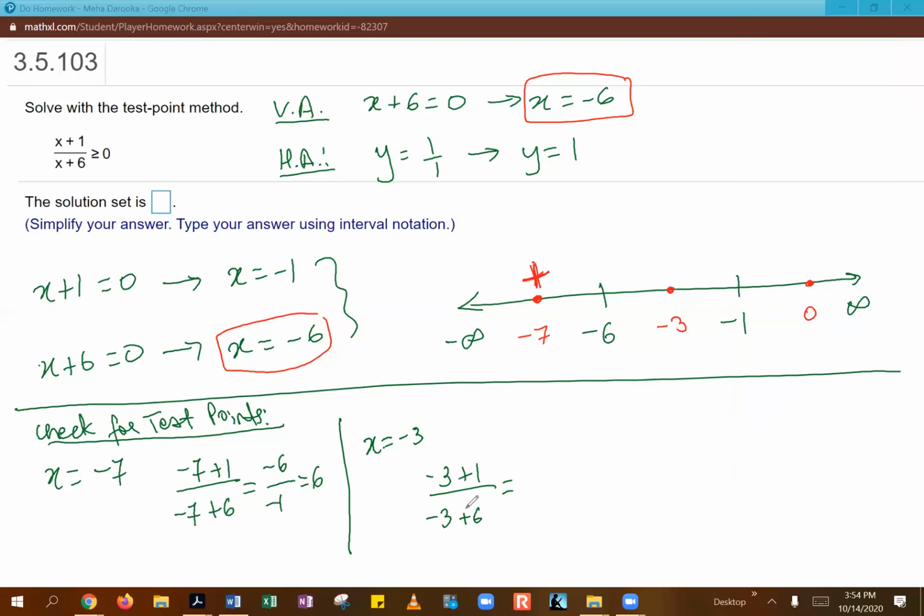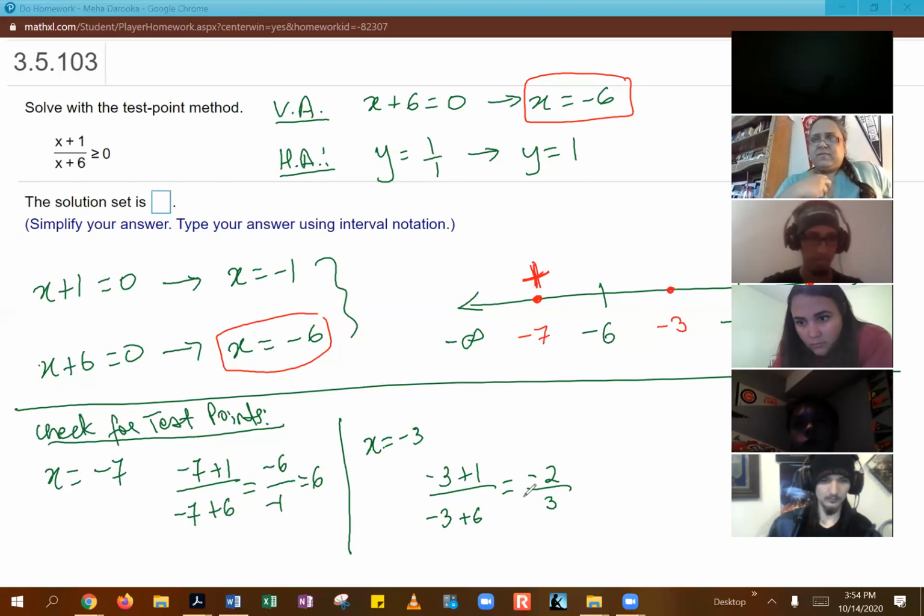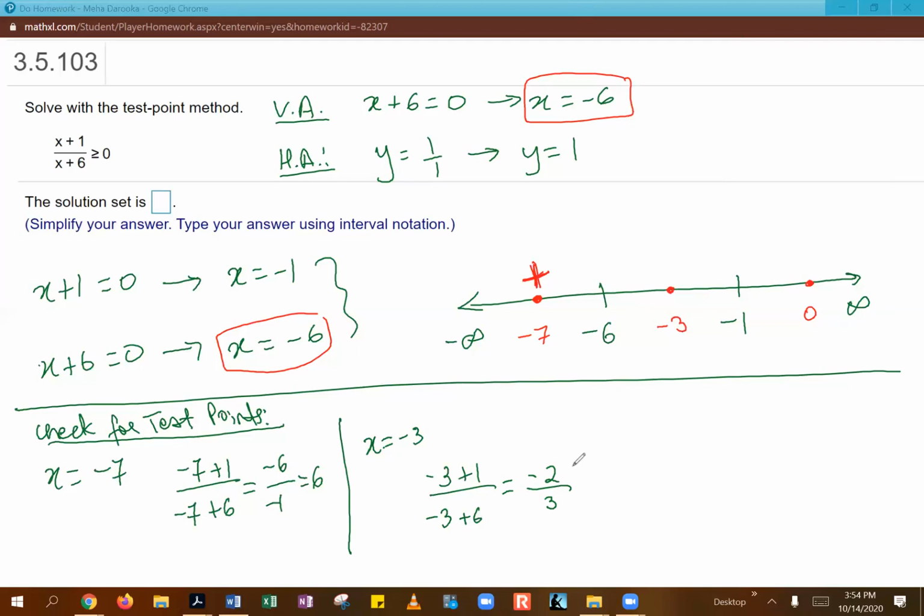Okay, so did I do my calculation incorrect? Because -3 plus 1 will give us -2. -3 plus 6, wouldn't that give you +3? Yeah. So why did you guys come up with -1/2? Unless you did 4 on the bottom instead of 3. So -2/3, which of course then tells us all these y values in the middle are going to be negatives.